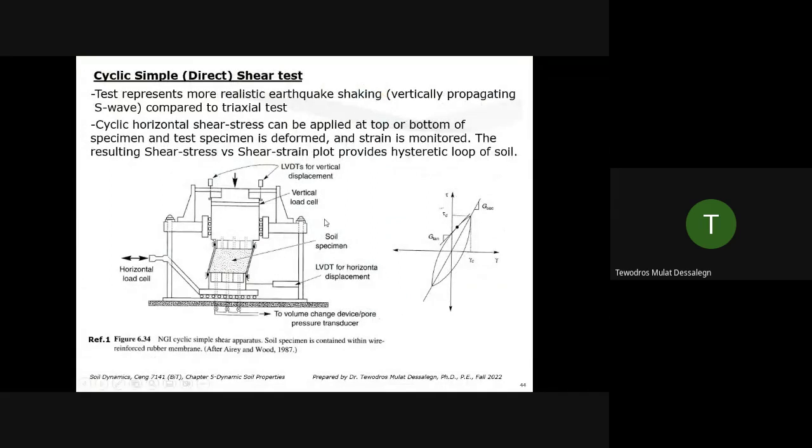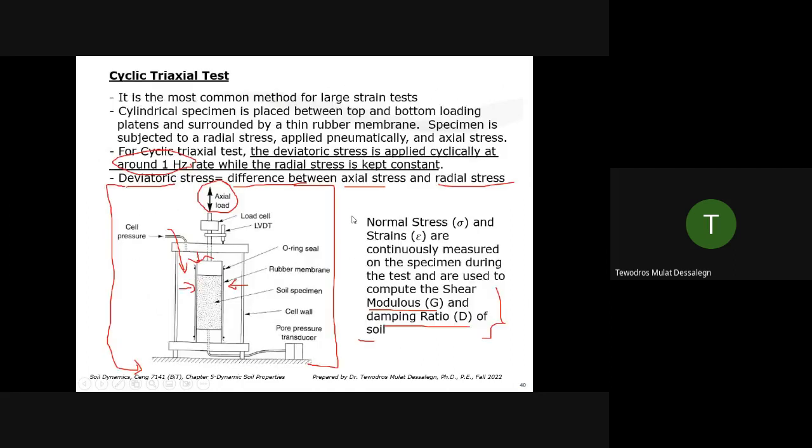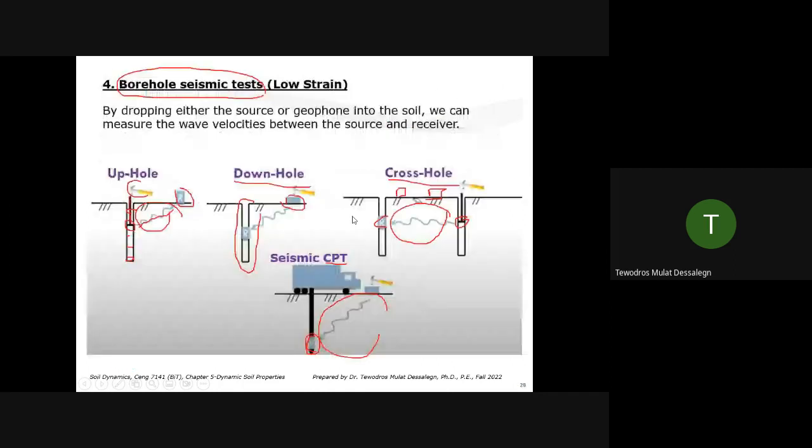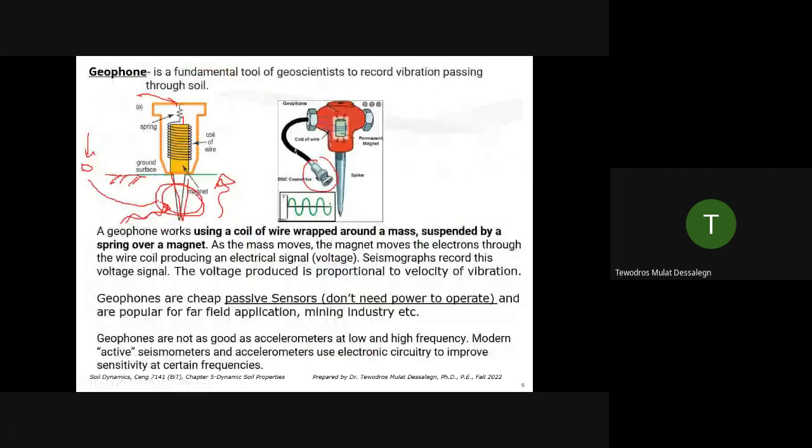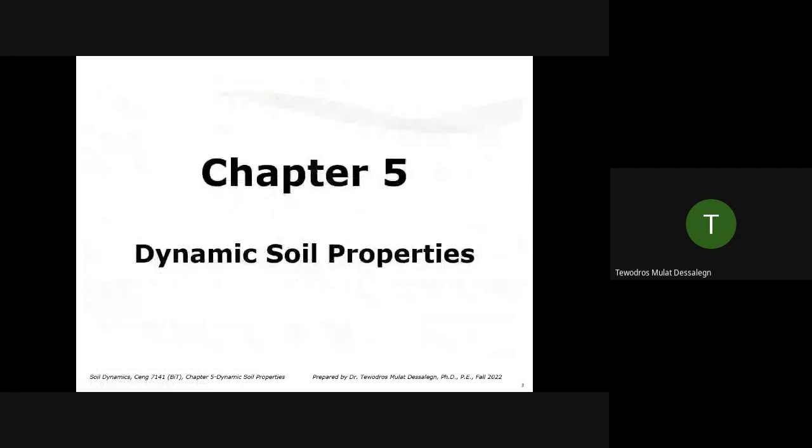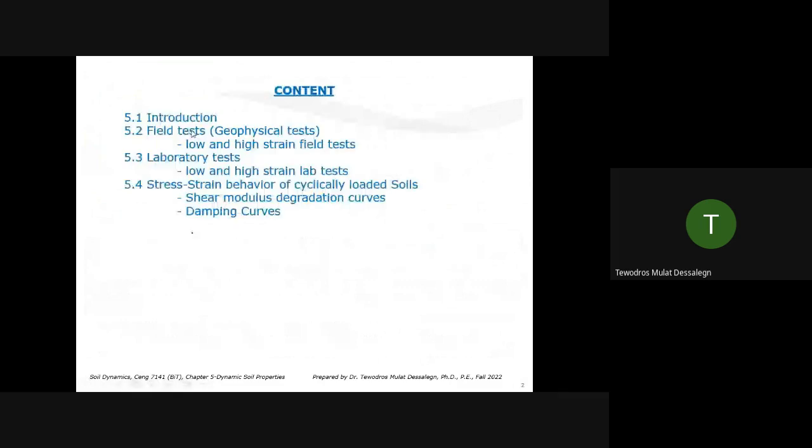So this is the second day in-person class at BIT on chapter 5. Yesterday we discussed the first part of chapter 5. We can quickly summarize it, which is dynamic soil properties. We've seen some introduction to field tests or geophysical tests with low and high strain field tests.